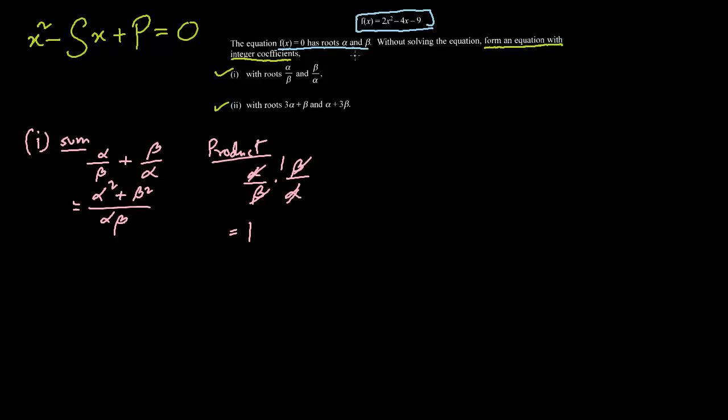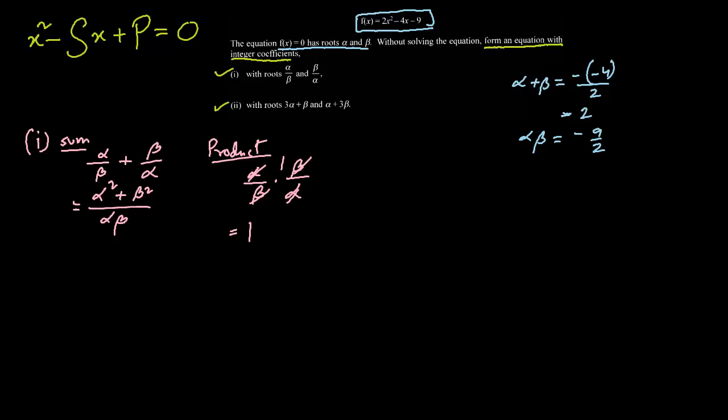This information basically means that alpha plus beta equals minus of minus 4 by 2, which is 4 by 2, meaning 2, and alpha into beta is minus 9 by 2. They are giving us the information that alpha plus beta is 2 and alpha into beta is minus 9 by 2, and using this information we are supposed to find the values of the sum of the roots and the product of the roots. Now how does this work?